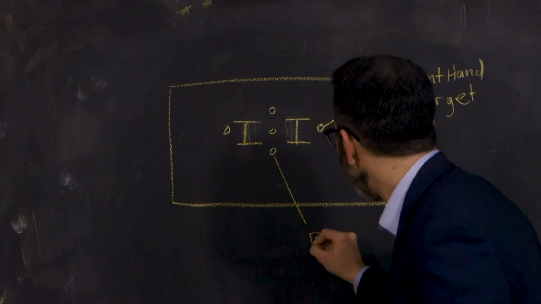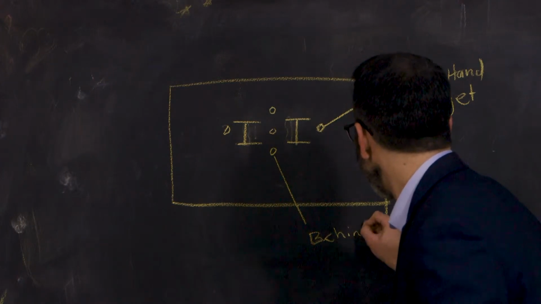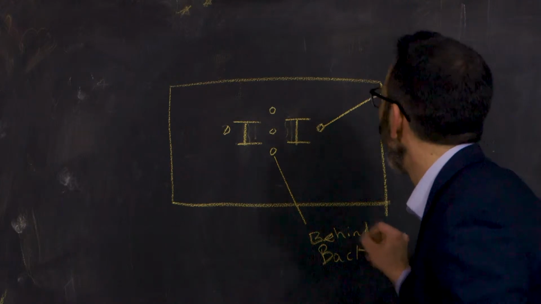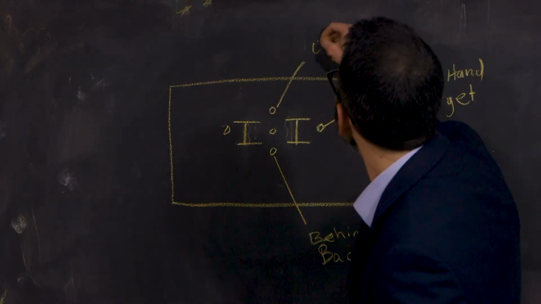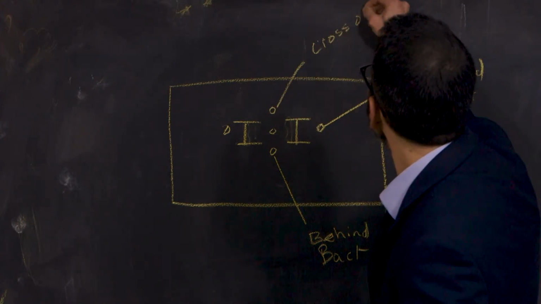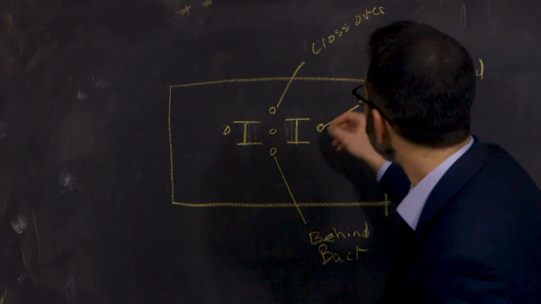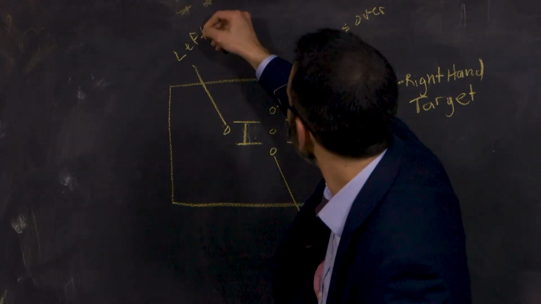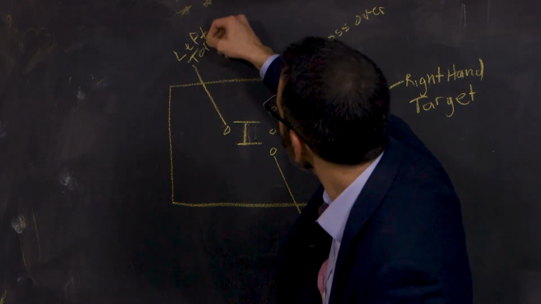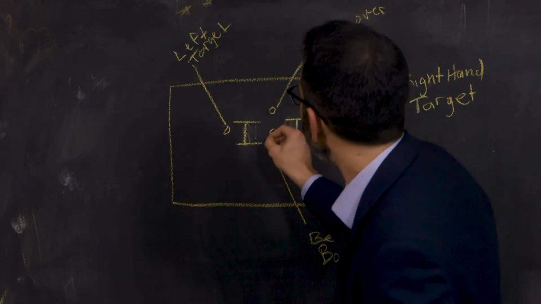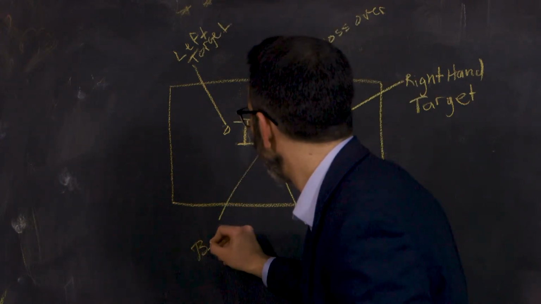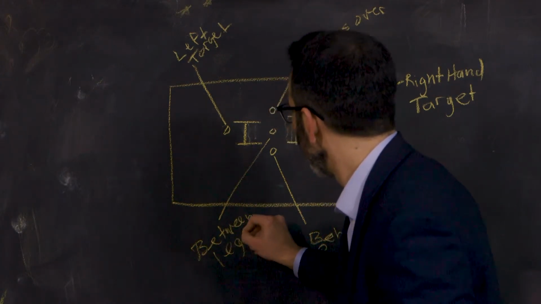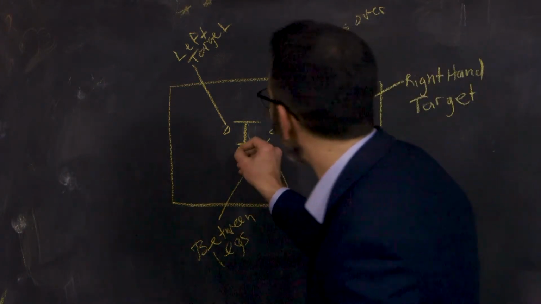So behind, back, crossover, good, left target, and then this one between legs. Okay, and then foot positions, right?